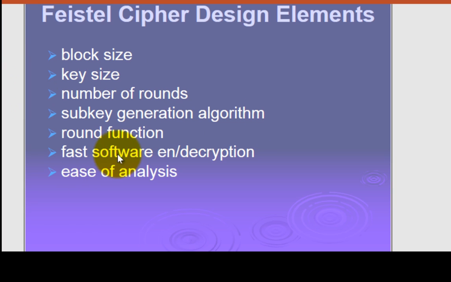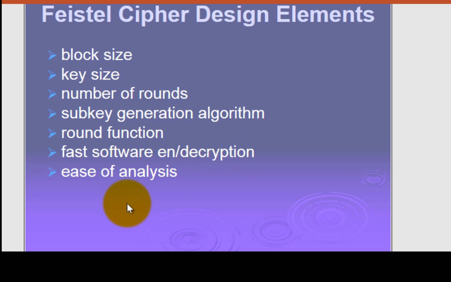And the round function, as we discussed in the previous slide, is a function generated from the right half data, taking the output of the right half and also the subkey. With the combination of both, you generate a round function. Next is fast software encryption and decryption.